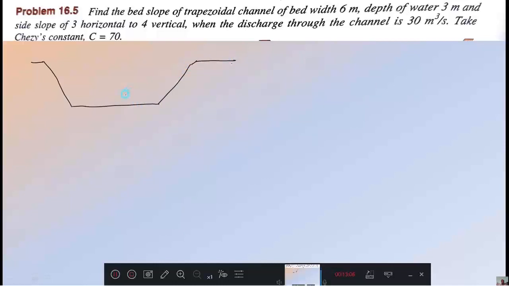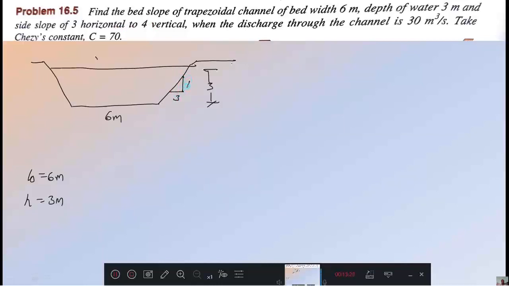Now look at here. This is a channel, bed width is 6 meter, I can say B is equal to 6 meter. Then depth of water here is 3 meter. Then write H is equal to 3 meter. And slope is 3 horizontal 4 vertical.